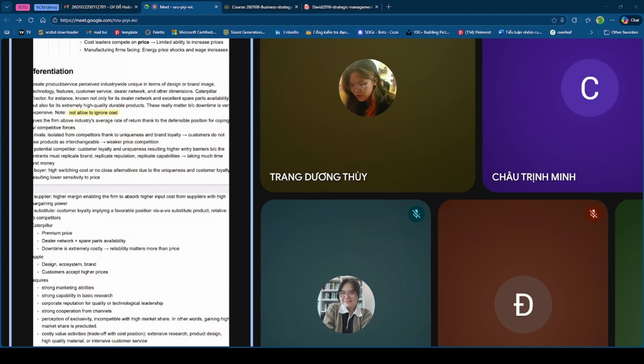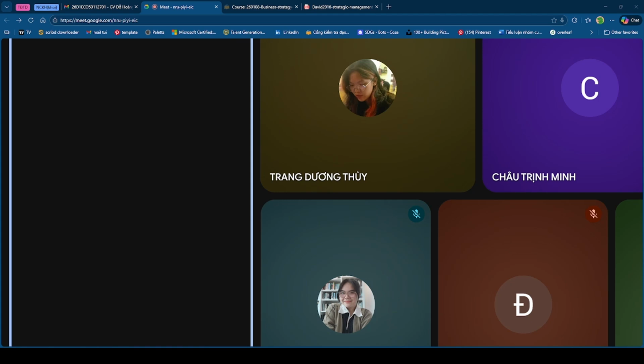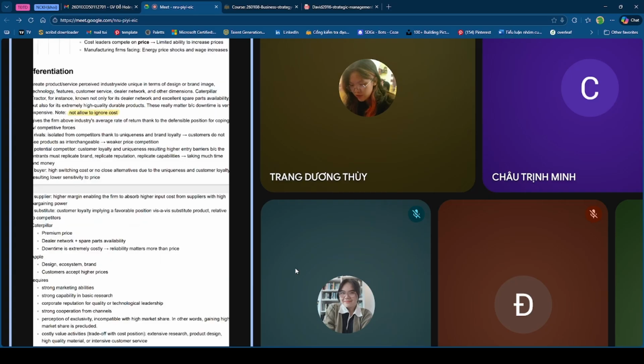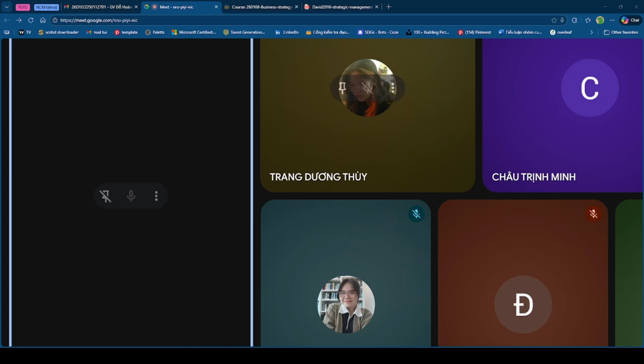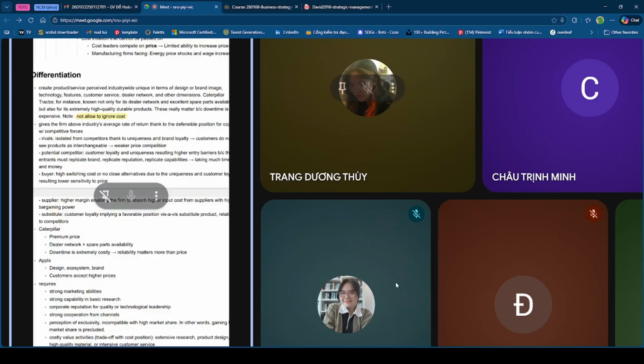For example, your product and the competitor's product can have different features. Okay? You have some features that competitors don't have, and vice versa. And if your product and those of the competitors are the same, your firm can still make something different by providing a different service.